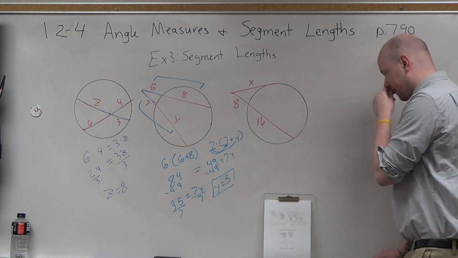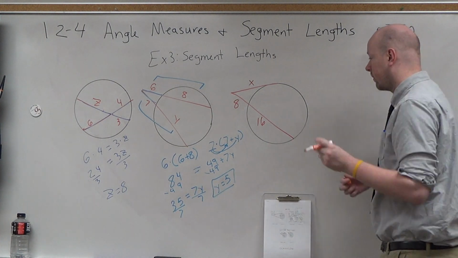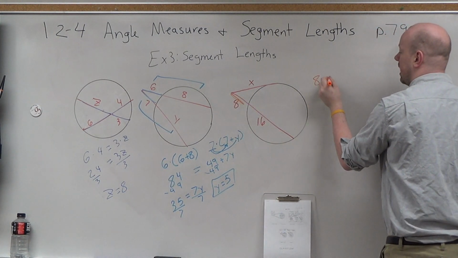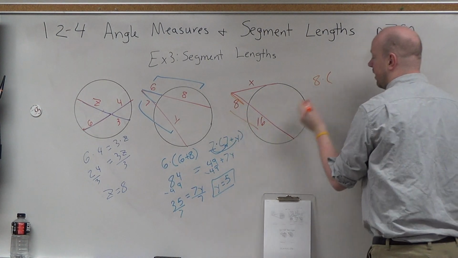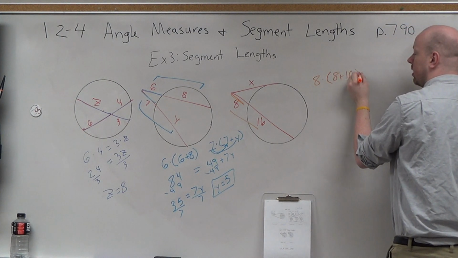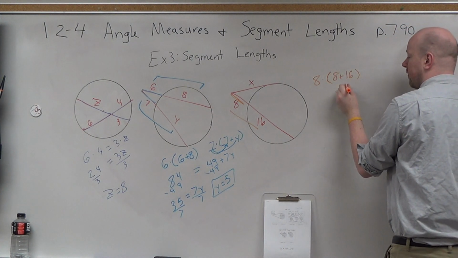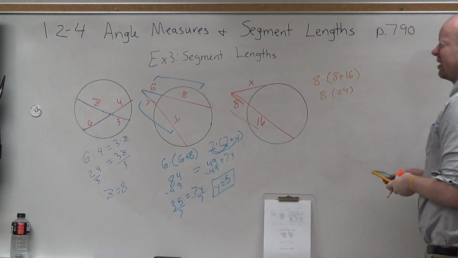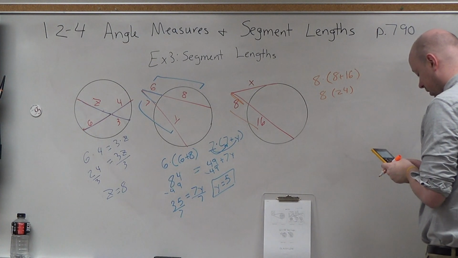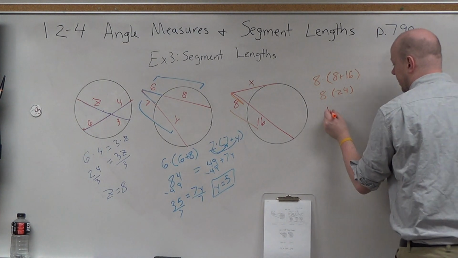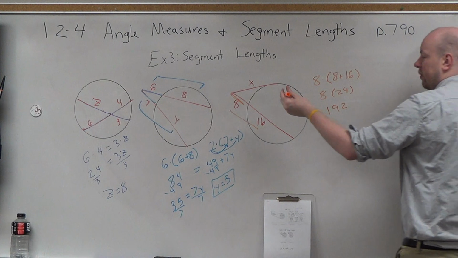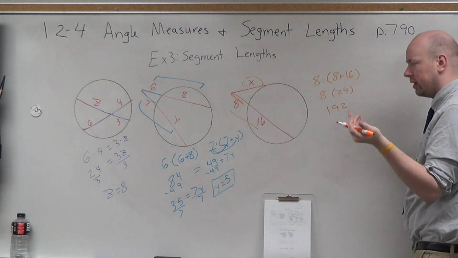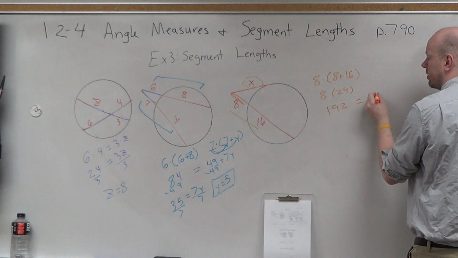And last but not least, one like this. Well, again, I get my outside value 8 times the entire segment length, 8 plus 16. 8 plus 16 is 24. 8 times 24. Again, I believe it would be 160 plus 32, 192, but let me double check. Yep, 192. Now my other one, I get x times the whole segment. Well, again, it's just going to be x squared.